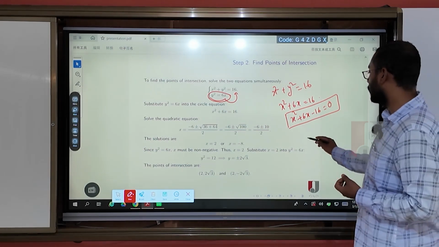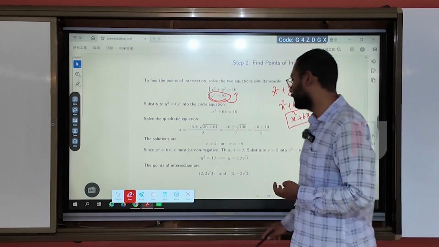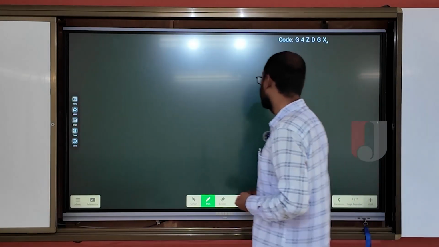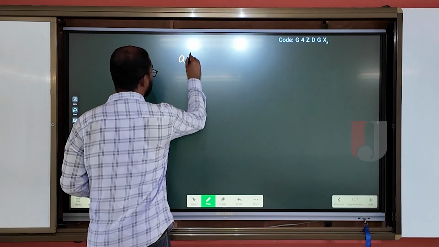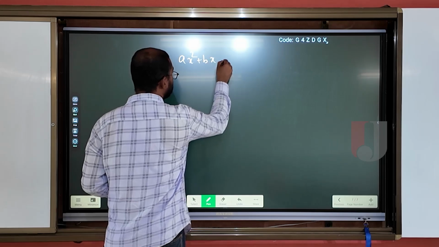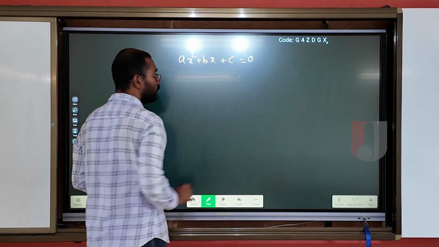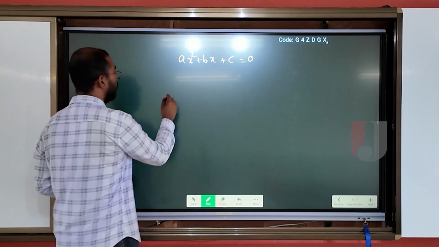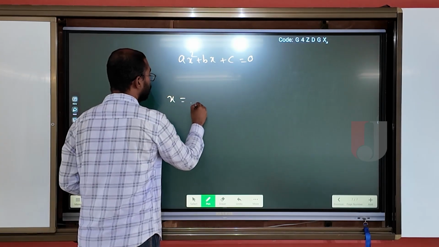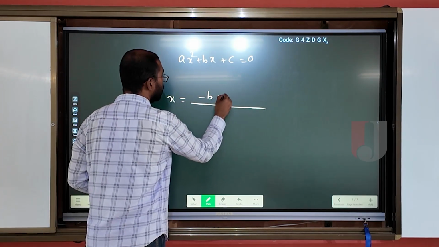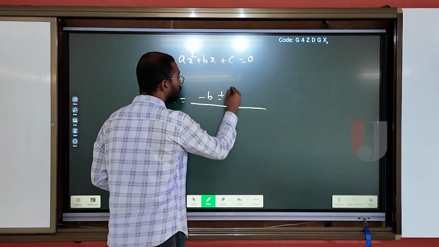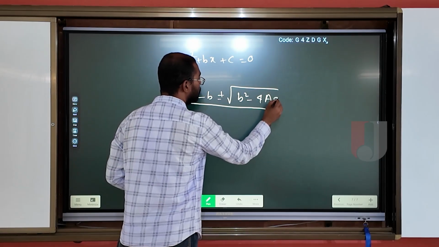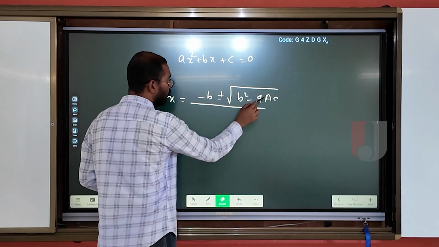The Sridharacharya formula says that, you know, for ax square plus bx plus c equal to 0, the roots of the equation can be found directly by the formula x equal to minus b plus minus root over of b square minus 4ac, divided by 2a.